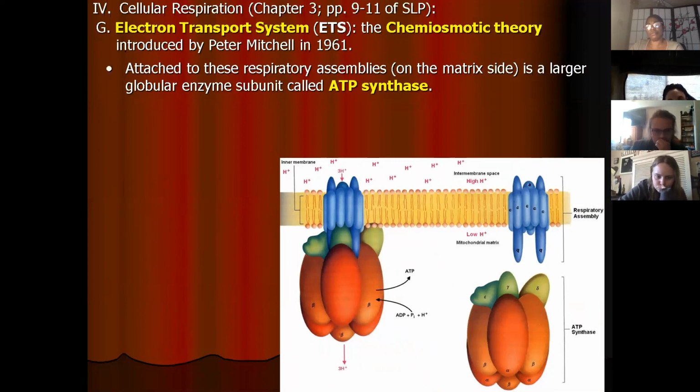And as the protons are flying back through there, it's spinning ATP synthase like a pinwheel. You haven't had a county fair in a while. But sometimes kids get those pinwheels, and when they're driving home in the back seat, they stick the pinwheels out the window, and it's spinning like mad from the wind.